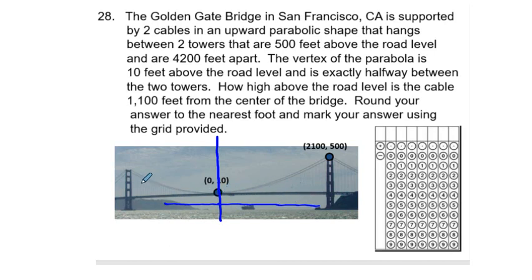So basically what you're going to have is y, or f of x, equals a times quantity x minus h squared plus k.